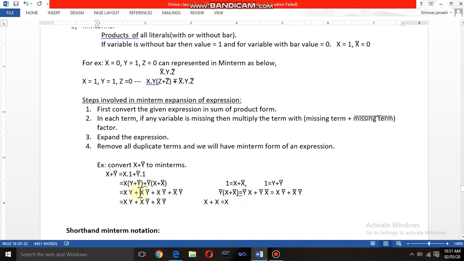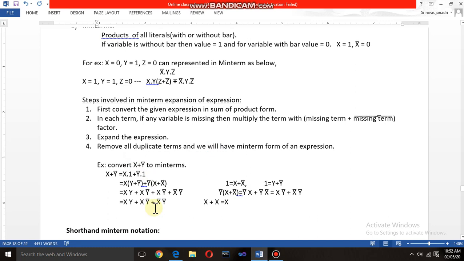Just treat these two, x y complement plus x y complement, this is nothing but x plus x, which gives you x again. Remove all duplicates, and finally you will get x complement y complement. This is nothing but a min term expression, the given expression is converted into the min terms form.